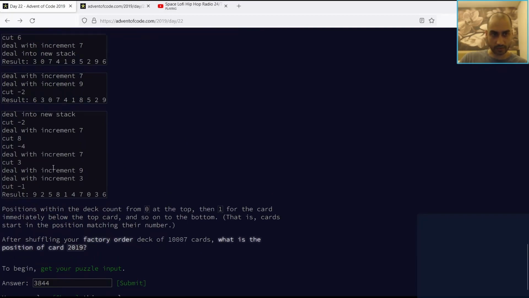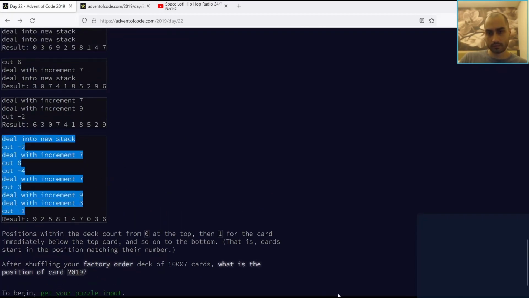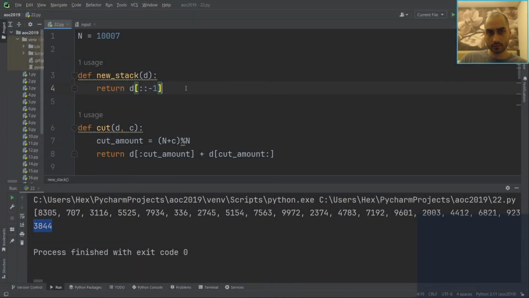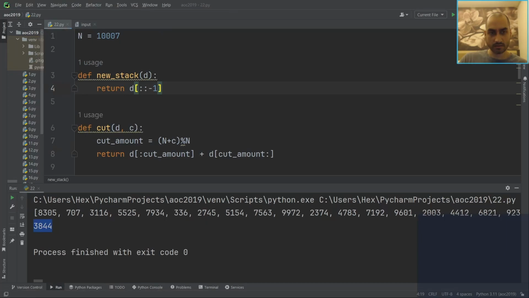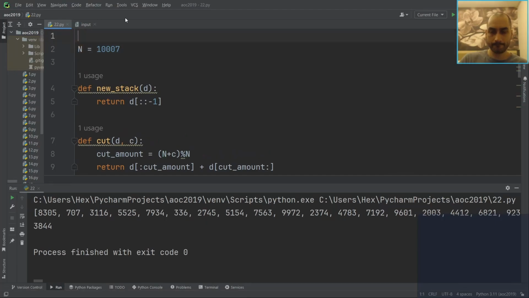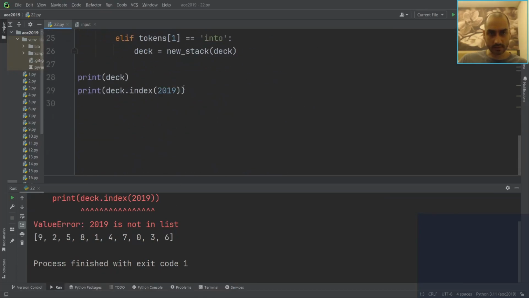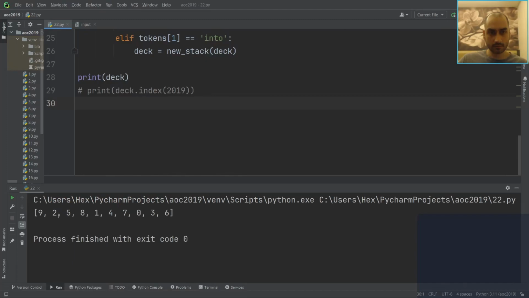Let's try this last one. So this was for a deck of size 10. So 2019 is not on the list. So 9 2 5 8 1 4 7 0 3 6. That's correct.